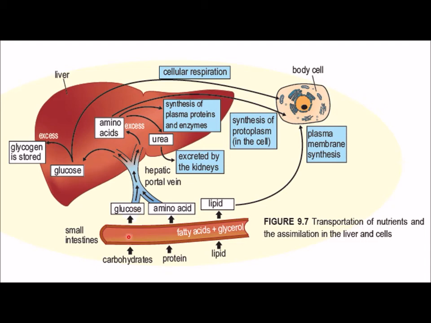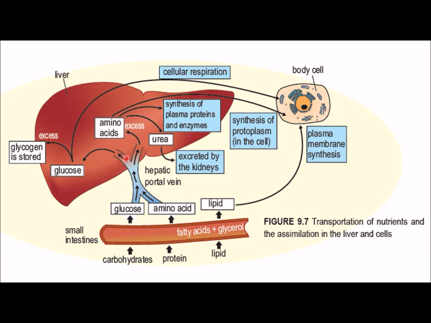When the glucose is absorbed into the blood circulatory system, it will be transported to the liver. Glucose is mainly used in cellular respiration. So the liver will control the amount of nutrient and transport the glucose to the body cells that need glucose for cellular respiration.